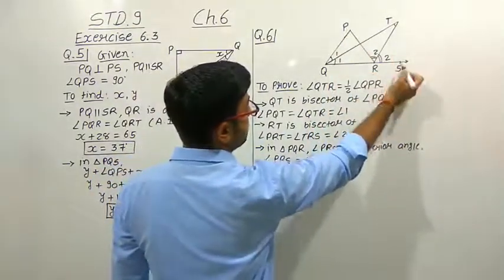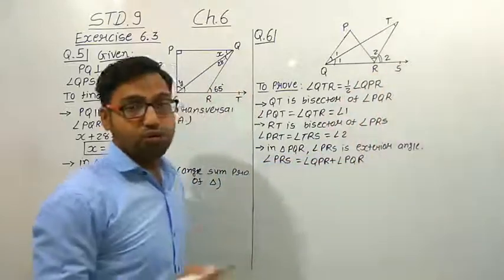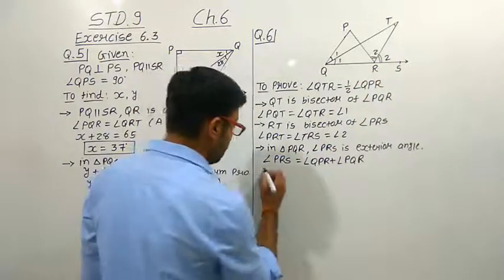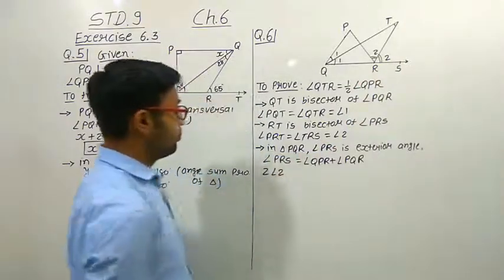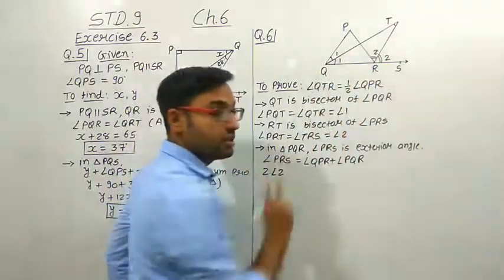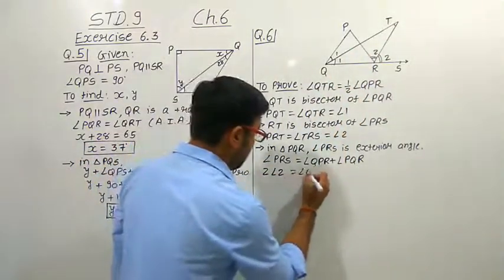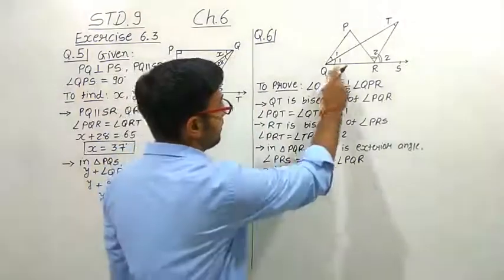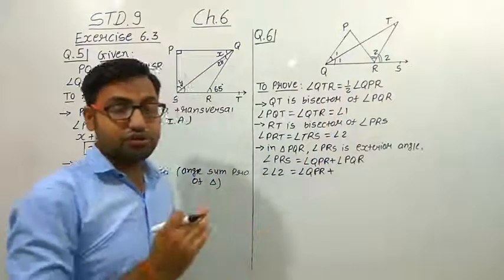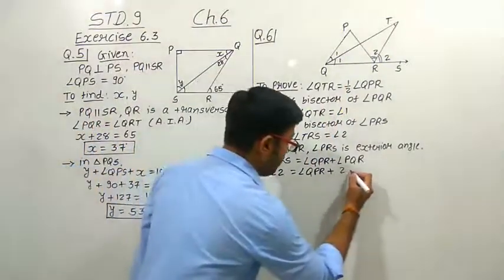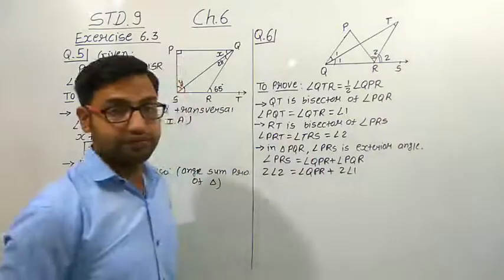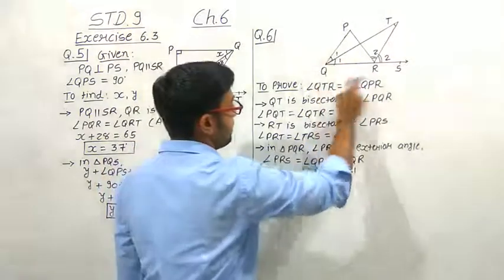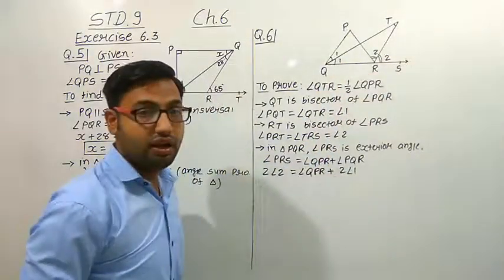Now see, angle PRS is what? It is the addition of two same angles, that means angle 2 plus angle 2, that means 2 times angle 2. Angle QPR we have to keep as it is, and PQR is again the addition of two same angles, that is 2 times angle 1.